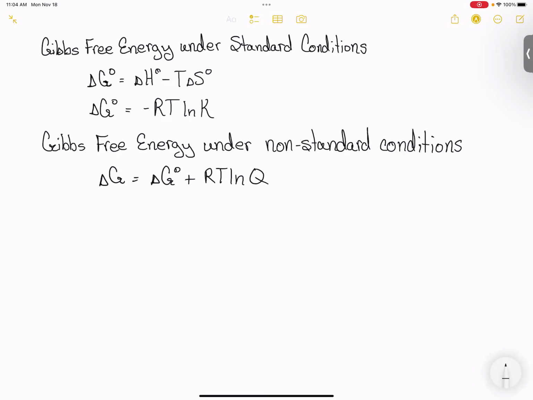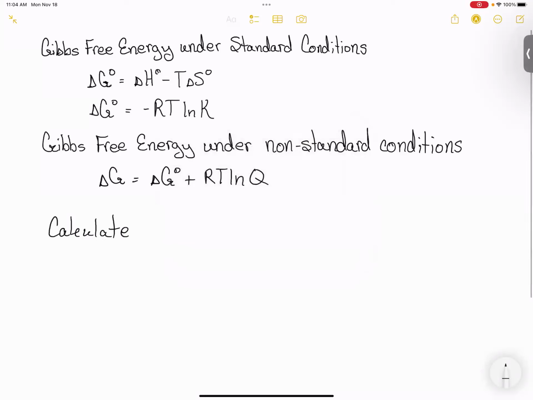So let's just look at Gibbs free energy under non-standard conditions.